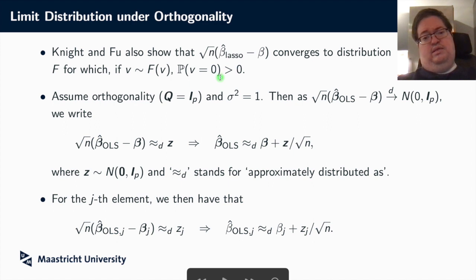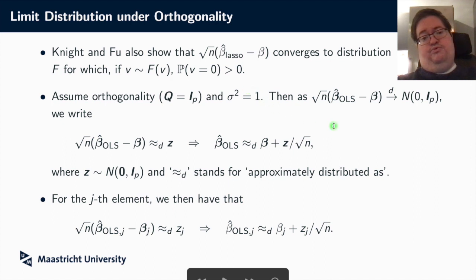Now let's again see if we can get some intuition from the orthogonal design case. So take the orthogonal design case. This Q here is a typo, so it should be, as usual, X prime X over n being equal to the identity matrix. Now, take also for simplicity sigma squared equal to 1 in the regression model.